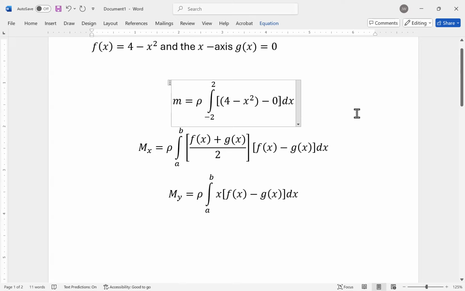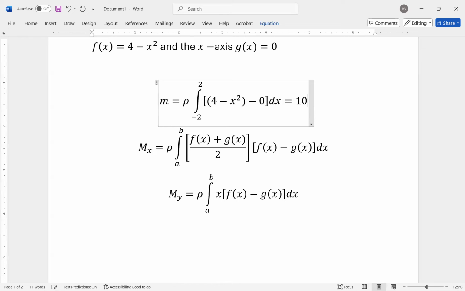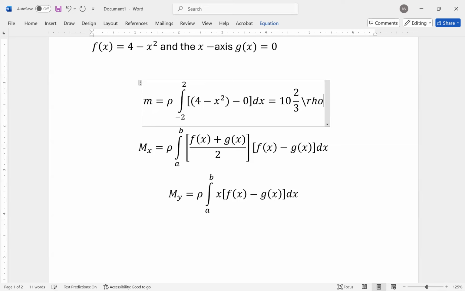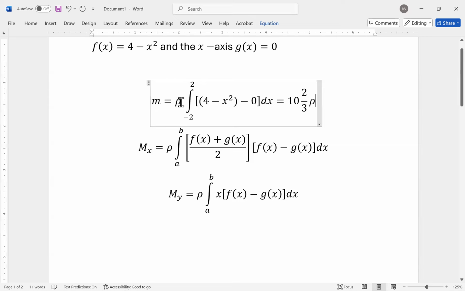So what we're going to get is, when you integrate from -2 to 2 of 4 minus x squared with respect to x, you get exactly 10 and 2/3 times rho. Don't forget our density. So that's my mass there. 10 and 2/3 is the area of that object that we saw in green times the density rho.